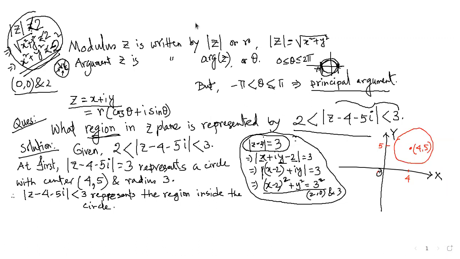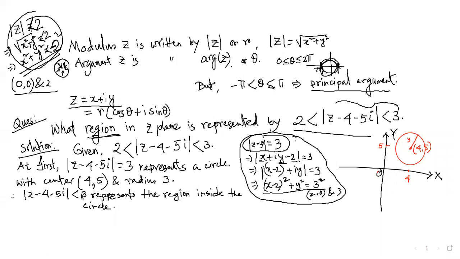Radius is 3. Okay, I have this one. So you see this is a circle whose radius is 3. This is a 3.